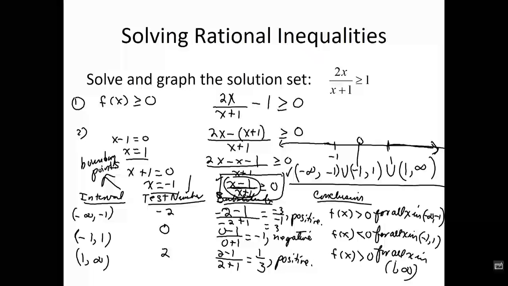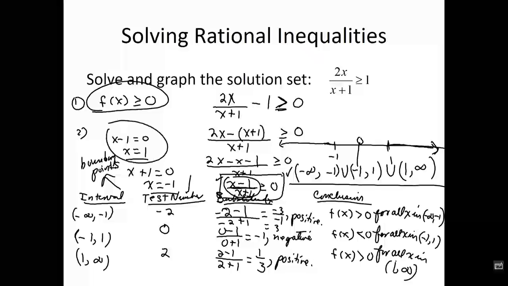Now, because the inequality in this case involves greater than or equal to, we must include the value when the function is equal to 0. So f of x is equal to 0 when x is 1 in this case.